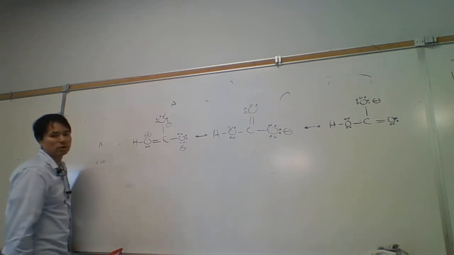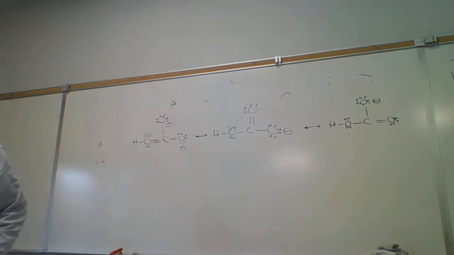So if you have a tug of war for electrons, oxygen versus oxygen, which oxygen wins? Always the top oxygen wins? Or the right oxygen wins, or the left oxygen wins?